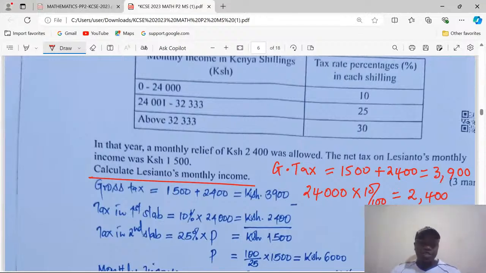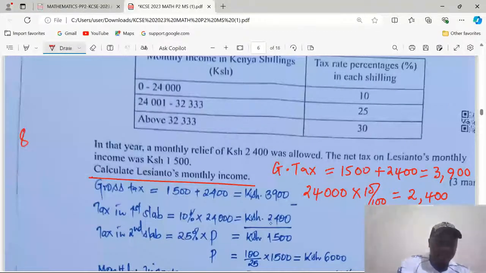Now, in the next bracket, when we take 32,333 and we subtract 24,000, we are having a taxable income of 8,333. Let me just work it out here. 8,333 at the rate of 25%.